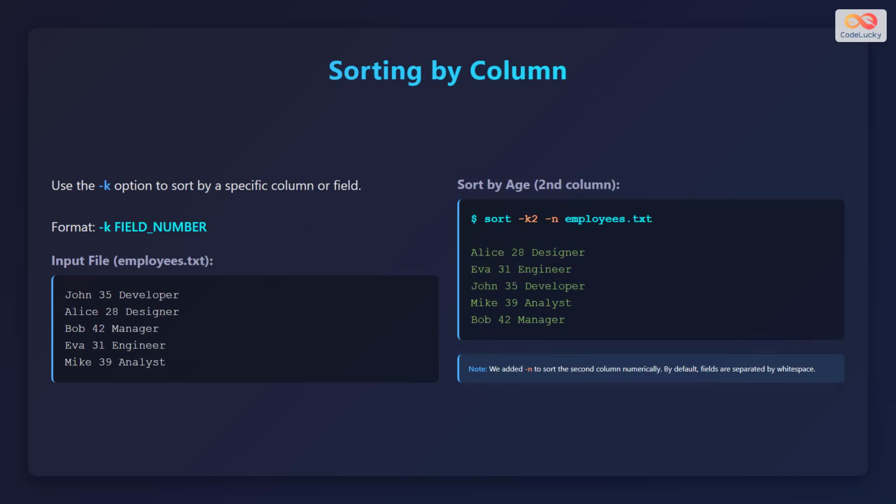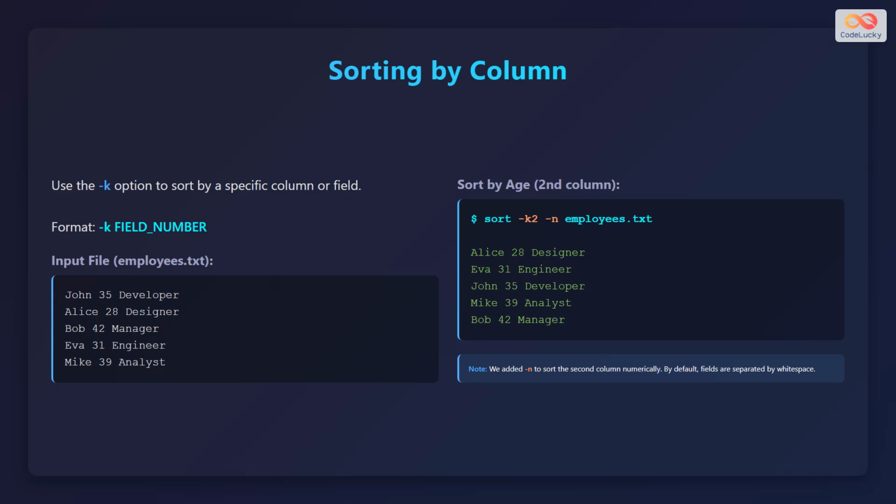Use the -k option to sort by a specific column or field. The format is -k, followed by the field number. For the input file employees.txt, which contains John 35 developer, Alice 28 designer, Bob 42 manager, Eva 31 engineer, Mike 39 analyst, to sort by age, which is the second column, the command is sort -k2n employees.txt.